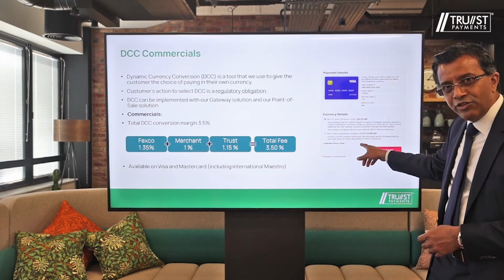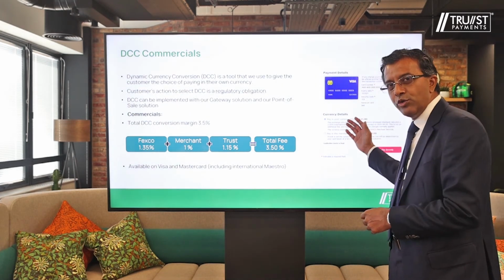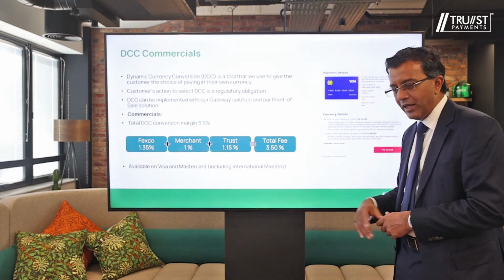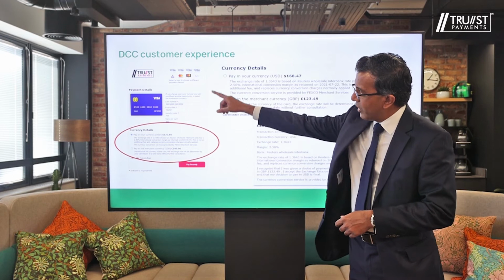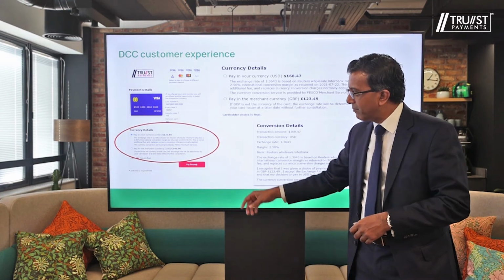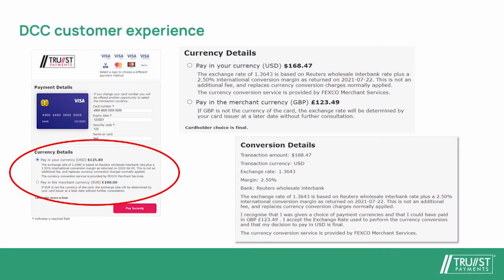There is an obligation, you'll see here, for us to show the merchant and the customer the choice. And we look at this in a bit more detail. So that's the kind of page a customer would see online. And critically, we have to give them the choice here between paying in their home currency, what the amount is, what the margin is.